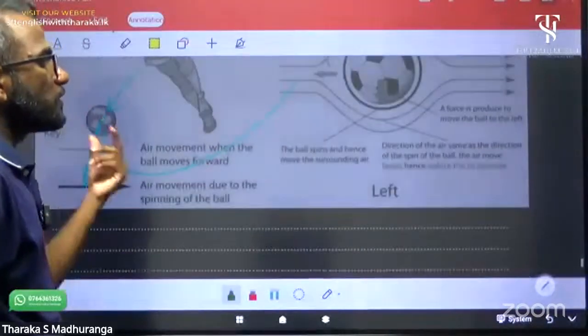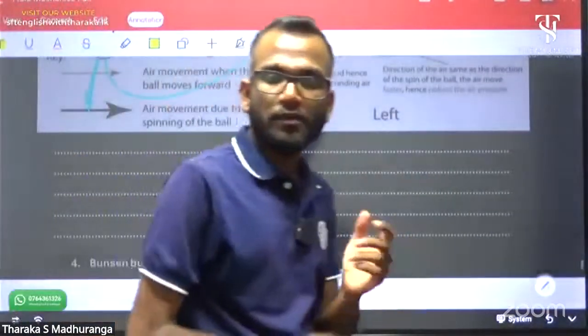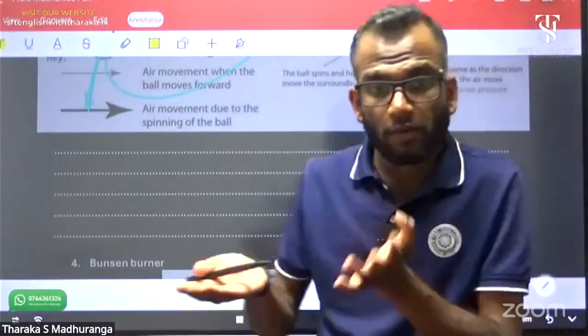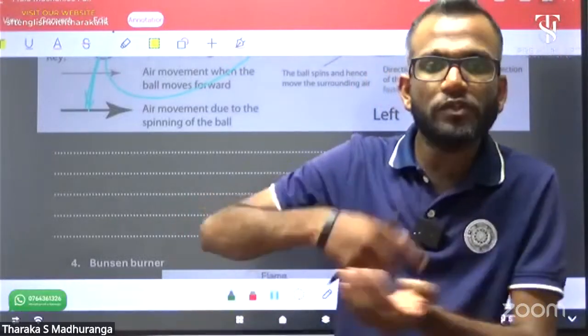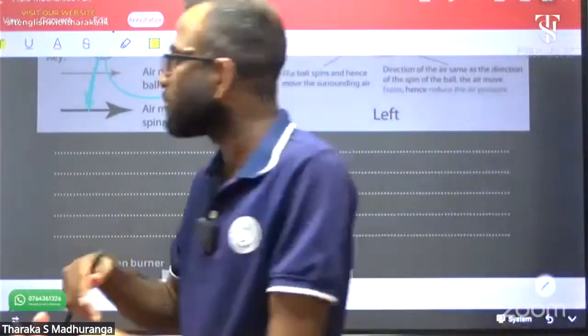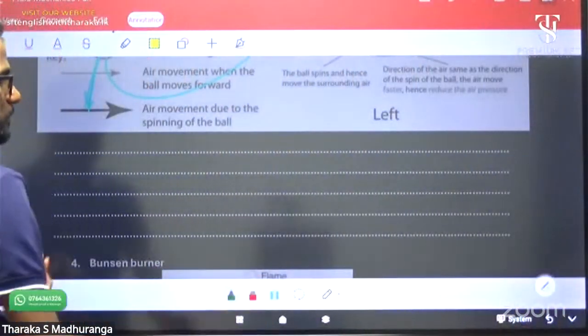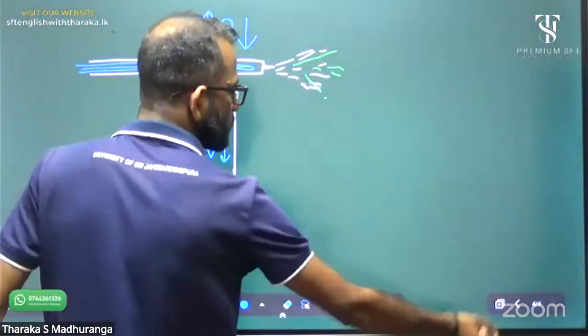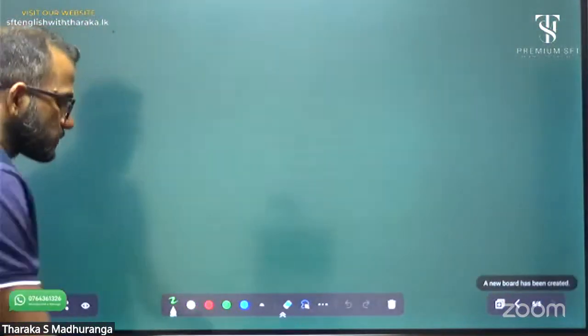The thing is, for a curved path, the shot should make the ball rotate, like this.